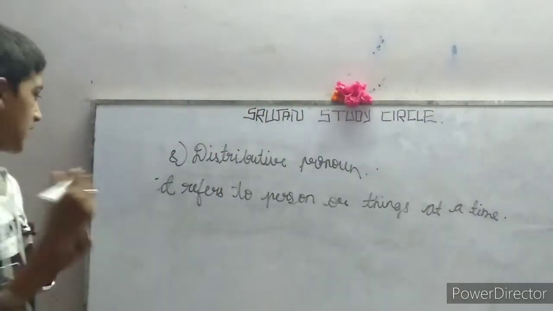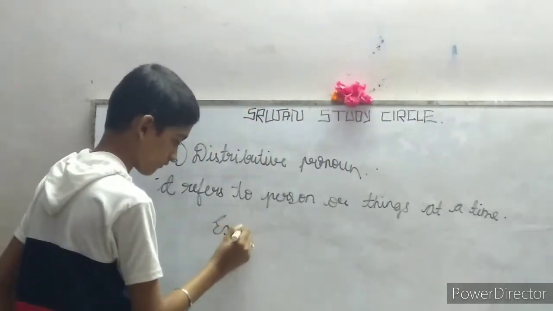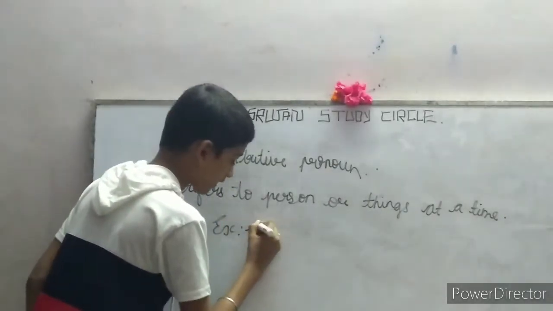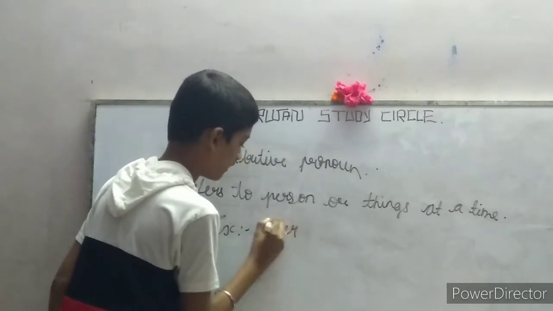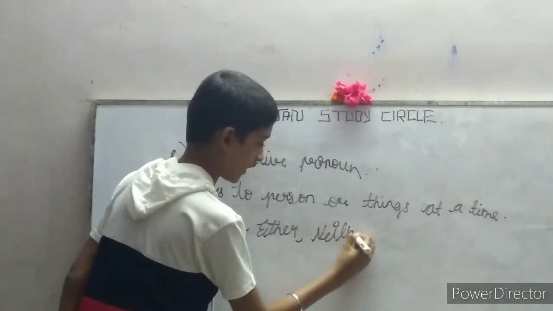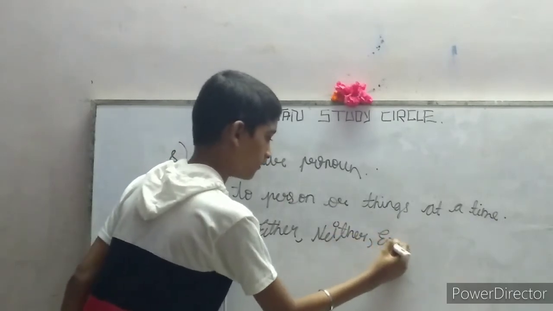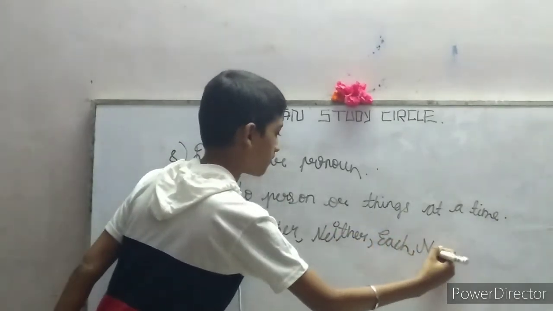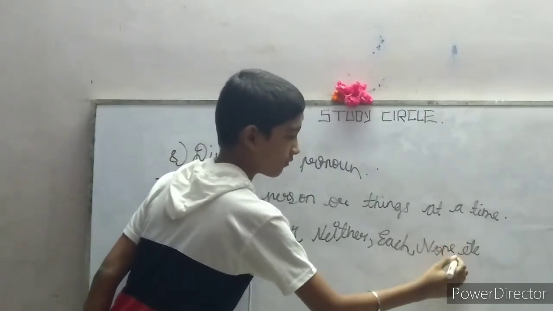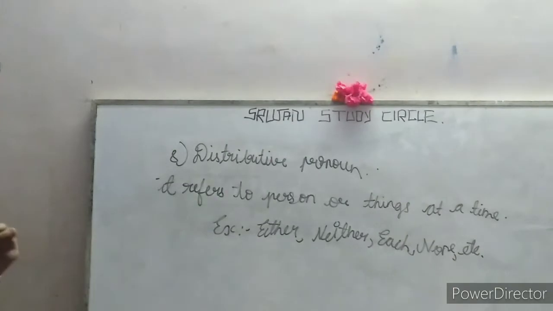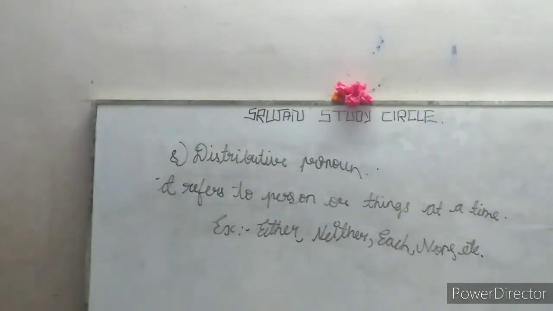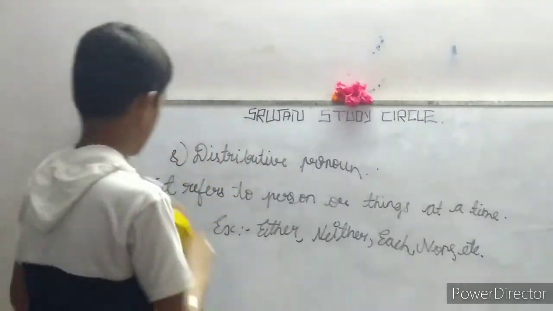I will give some examples. Examples for distributive pronouns are either, neither, each, none, etc. Now, I will give one sentence example.